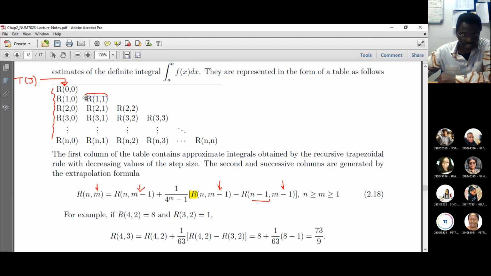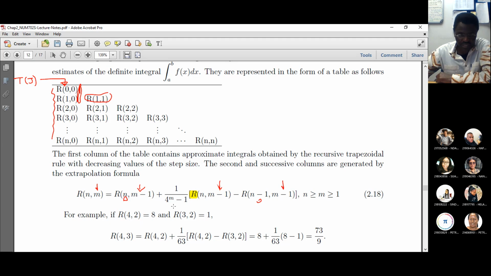So to fill this entry, I use the previous column, and in the previous column, which is m minus 1, I use the current row and the previous row. The current row, which is n, and the previous row, which is n minus 1.